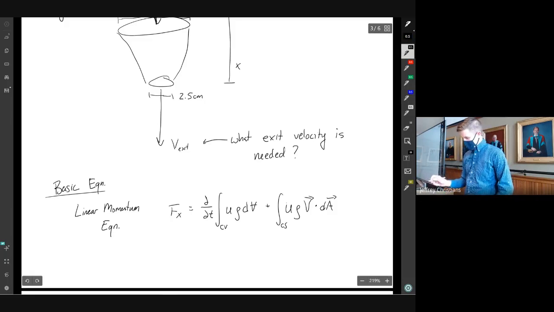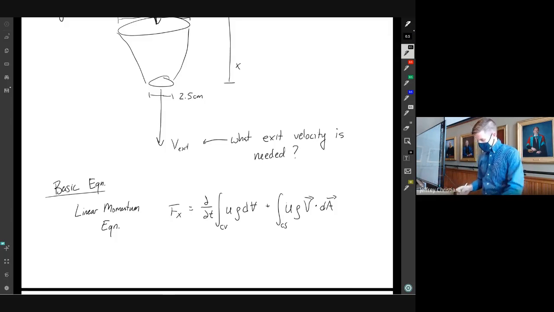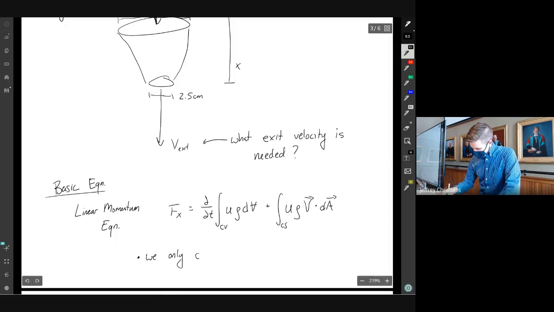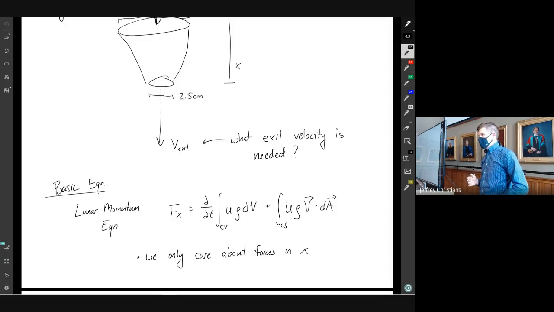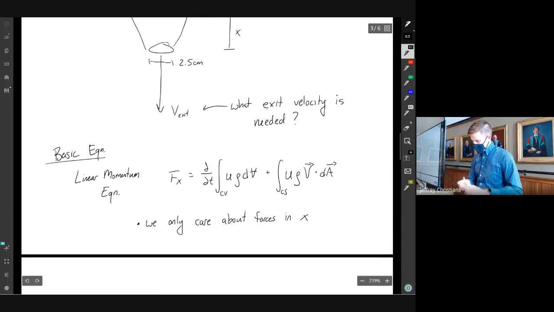That happens because we only care about the x direction. So there are going to be forces in the y direction, but we don't have to care about them. So we only care about forces in the x.